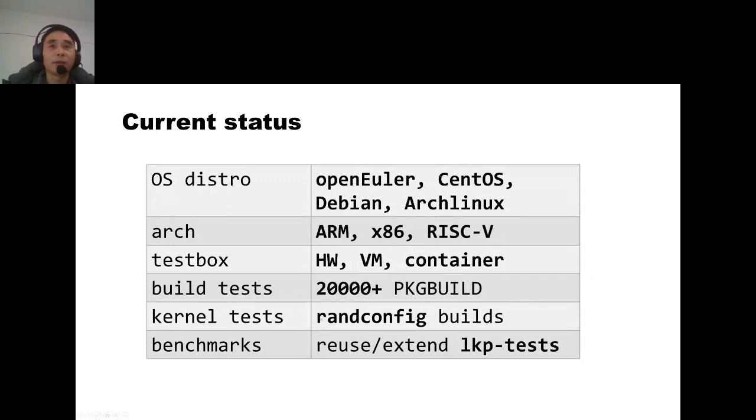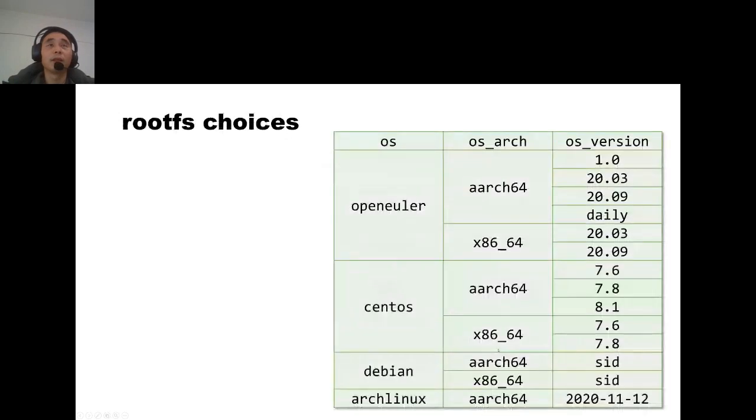And for kernel tests we cover config builds. For performance benchmarks, we will reuse and extend the LKP tests. This is the currently available rootfs that you can set in the job.